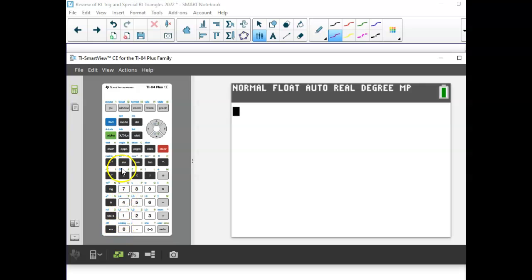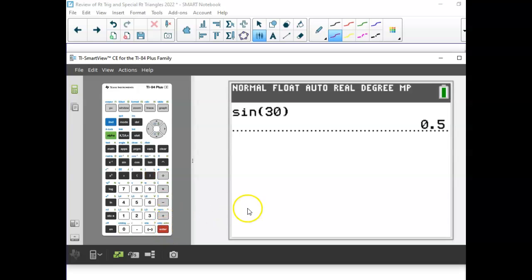Now, just to check that we're all in the right mode, let's everybody push the sine of 30, and you should get 1/2. Or 0.5. Everybody good? You didn't get that? Who said that? Okay. Jack, do you know how to help him make sure that he's in degree mode?